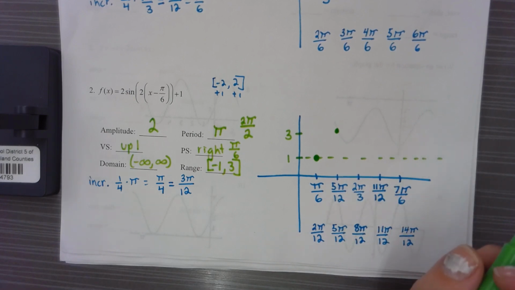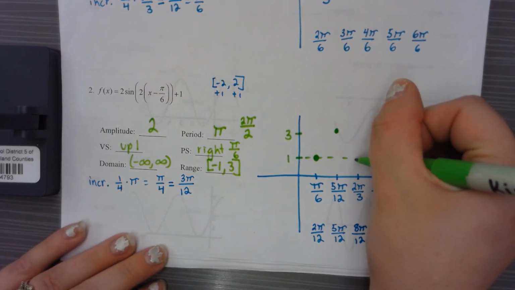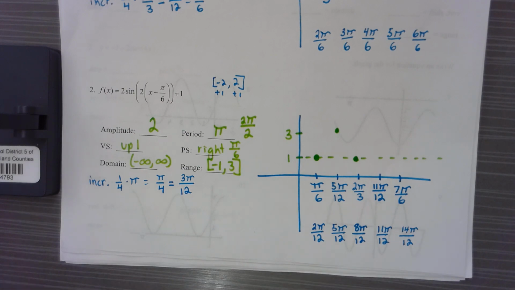Okay? Next, where will it go? Back to 1. Okay. And then where do we think it would be? Negative 1, right? Because it would be at the negative amplitude, which is negative 2, but then shifted up 1, right?